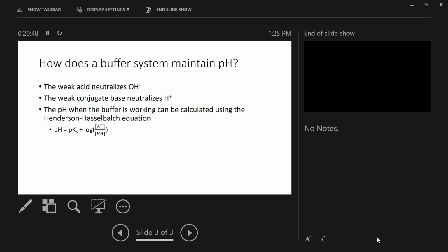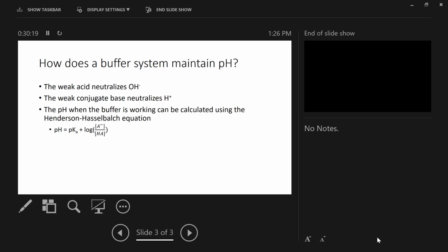And so the pH of the solution is equal to the pKa for that acid plus the logarithm of the concentration of conjugate base, sorry, not conjugate acid, conjugate base, divided by the concentration of our acid. And so this is the Henderson-Hasselbalch equation.